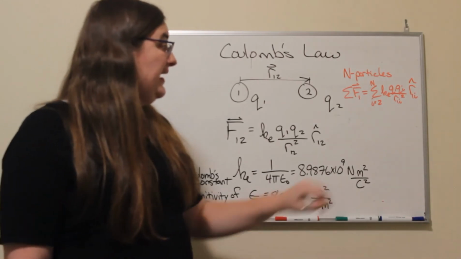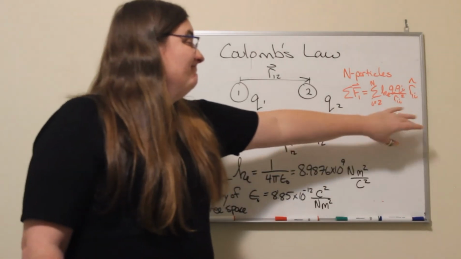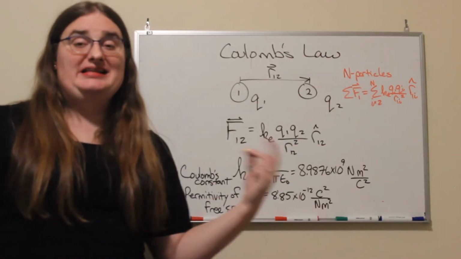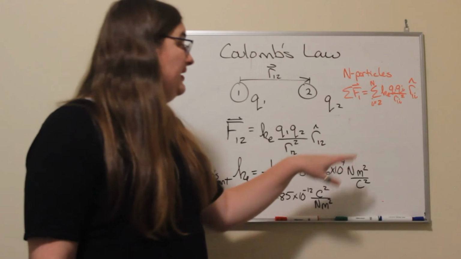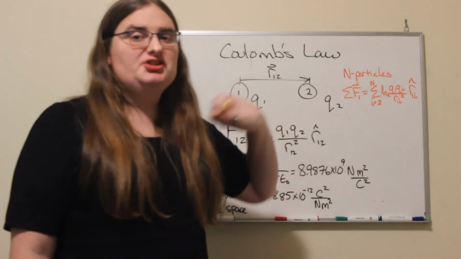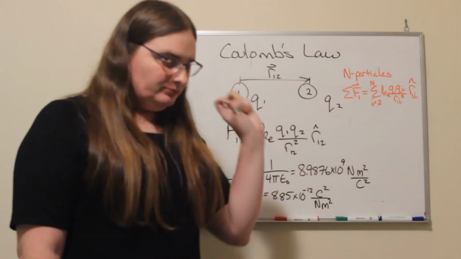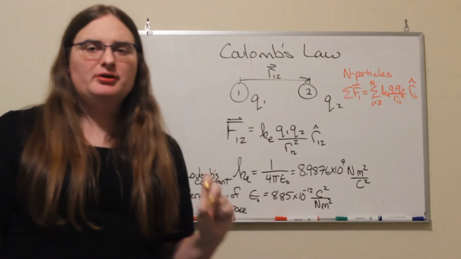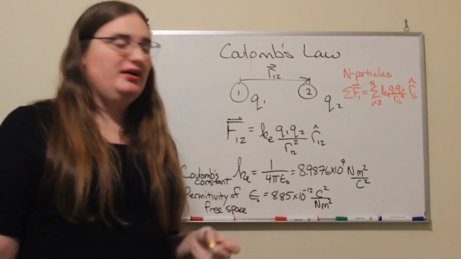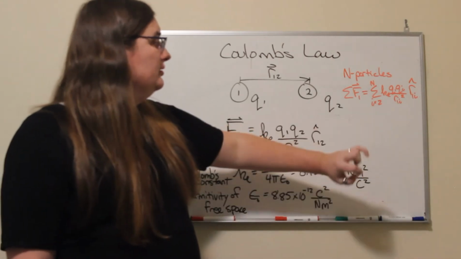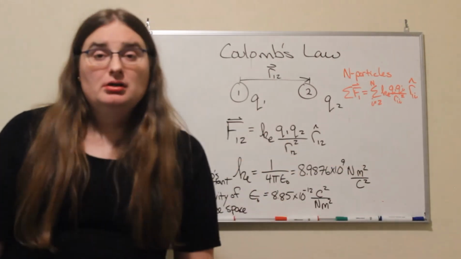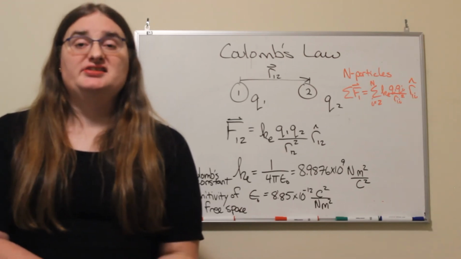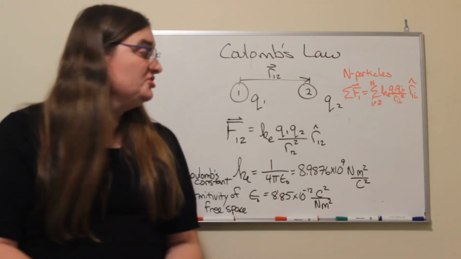Now, in practice, this is not as doable as it is in theory. Because in practice, even though charge is quantized, all charges are made of a countable number of electrons or protons in ordinary matter, we're usually dealing with Avogadro's number of the things, and we just can't count that much.